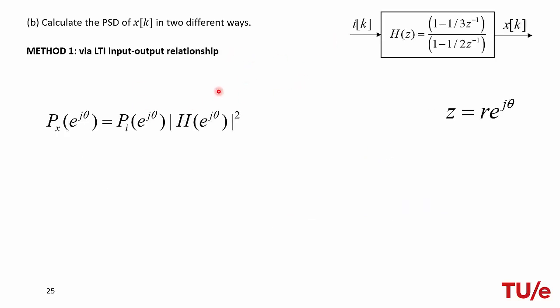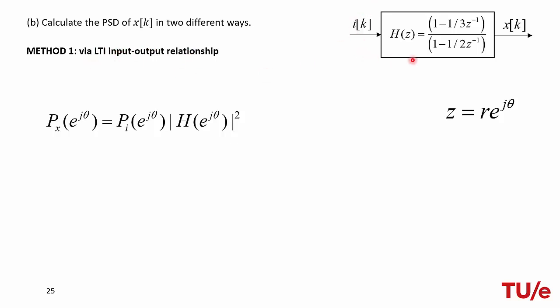Once we have calculated our autocorrelation function, we are asked to calculate the power spectral density of X in two different ways. Well, the first way, that in this case is more straightforward, is using the input-output relationship of an LTI system.